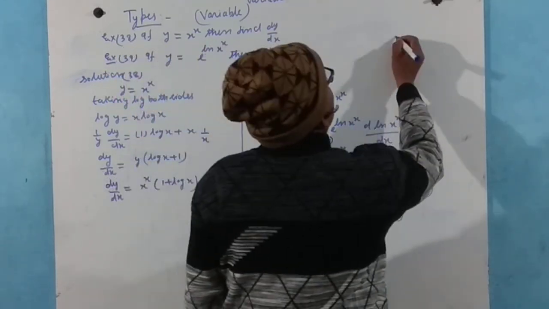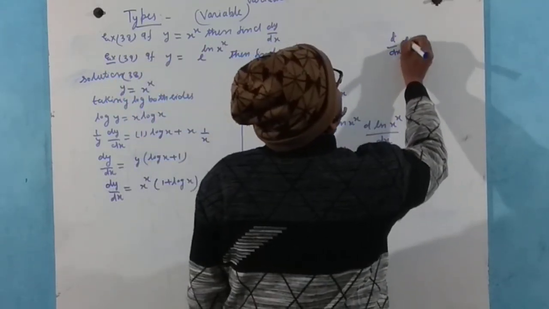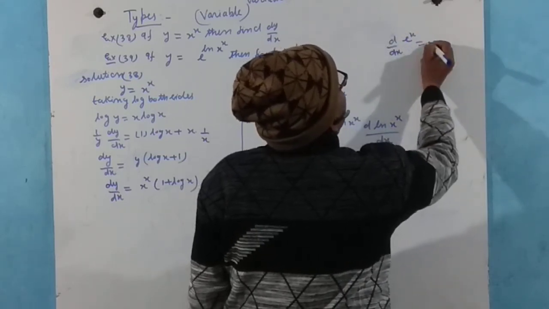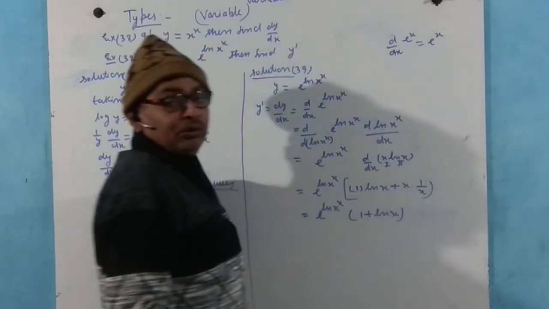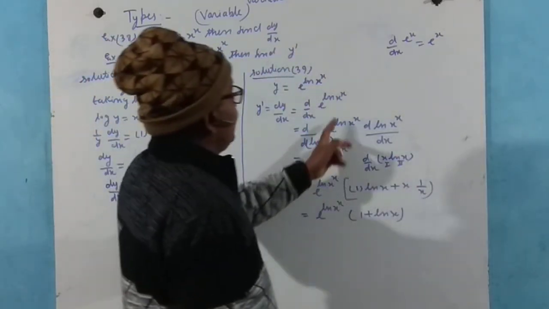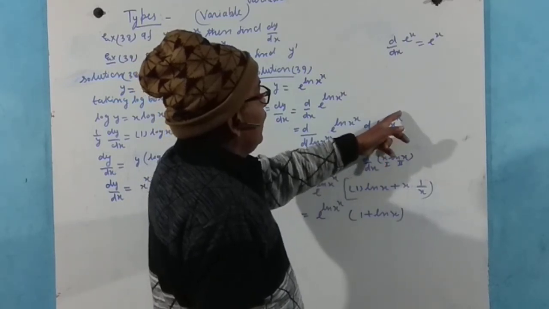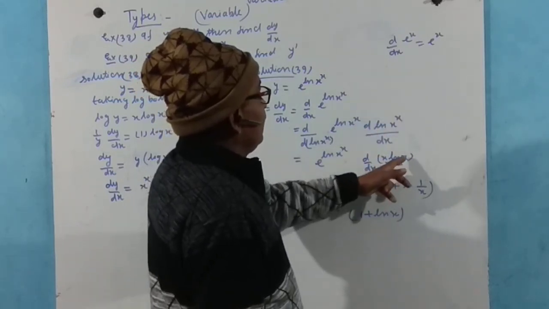As we know that differentiation of e to the power x is equal to e to the power x. Similarly, log m to the power n is n log m, so x log x.